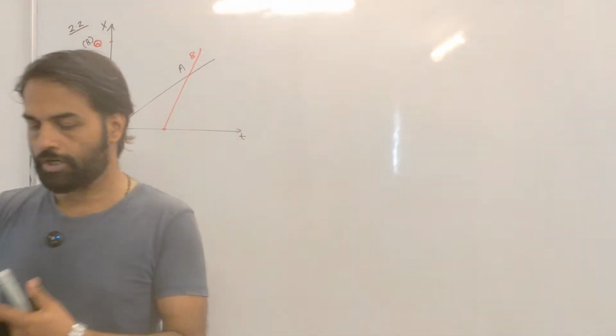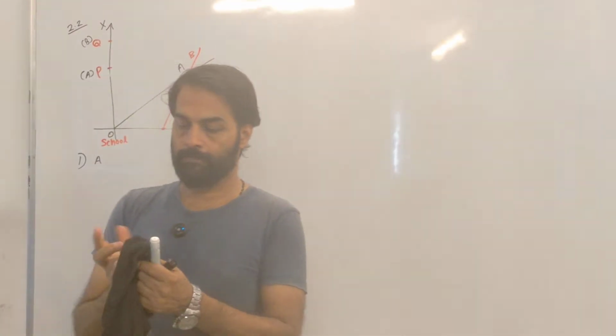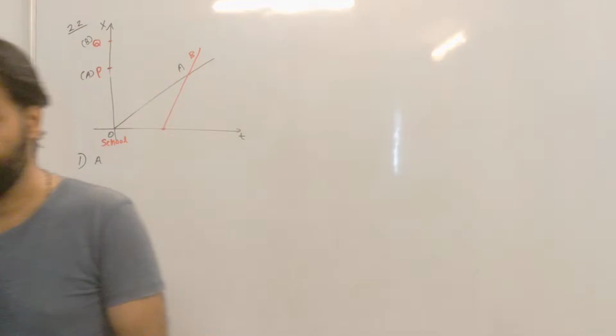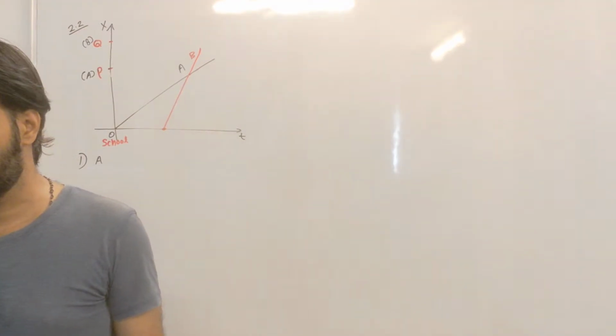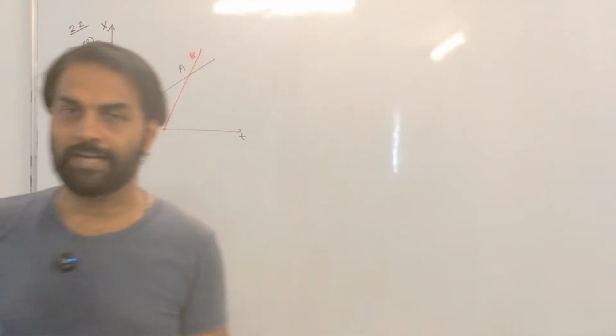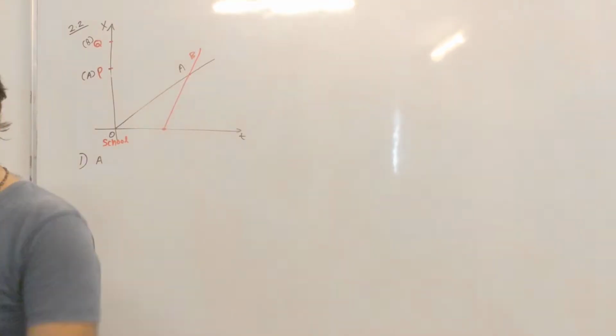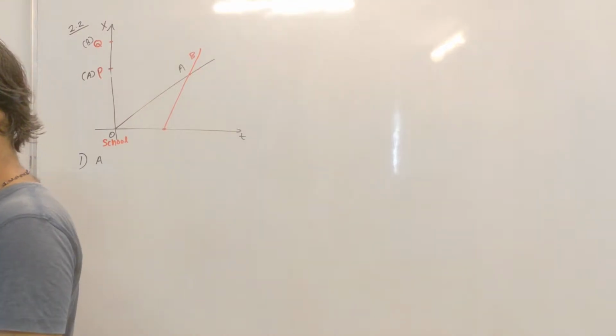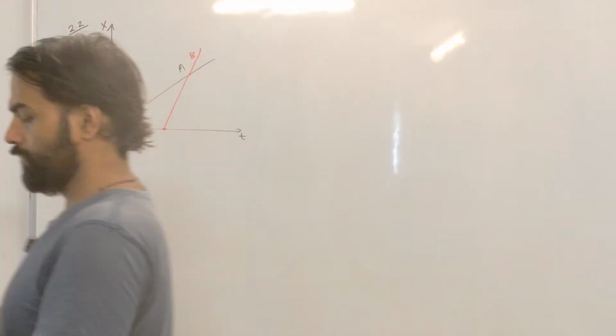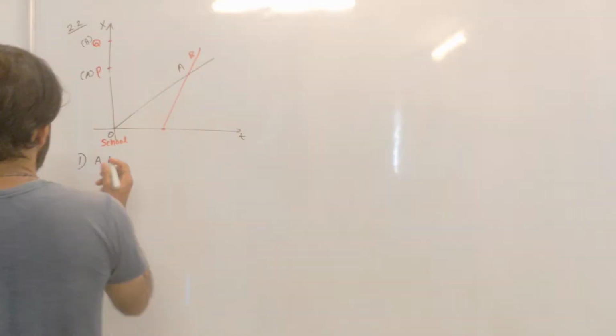Sida, you understood? Now you read the second question. When we read the second question, A and B start from the school earlier than... who started earlier? Yeah, so when time t is equal to 0, A started.